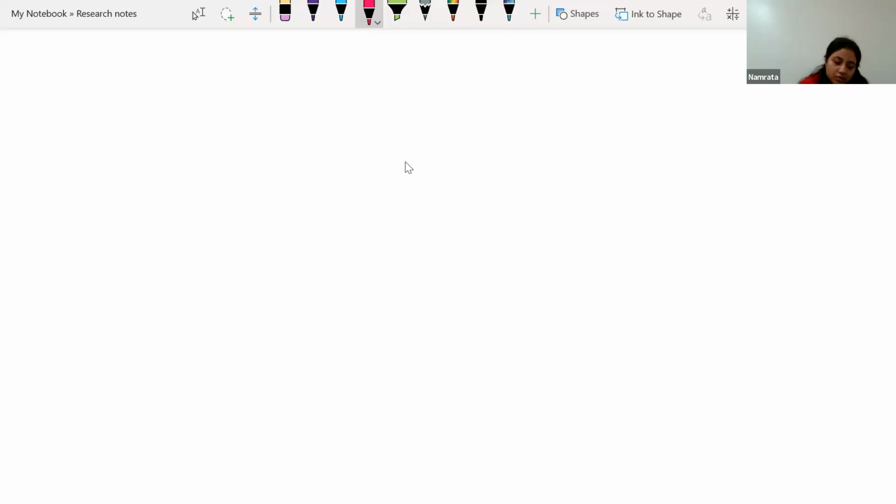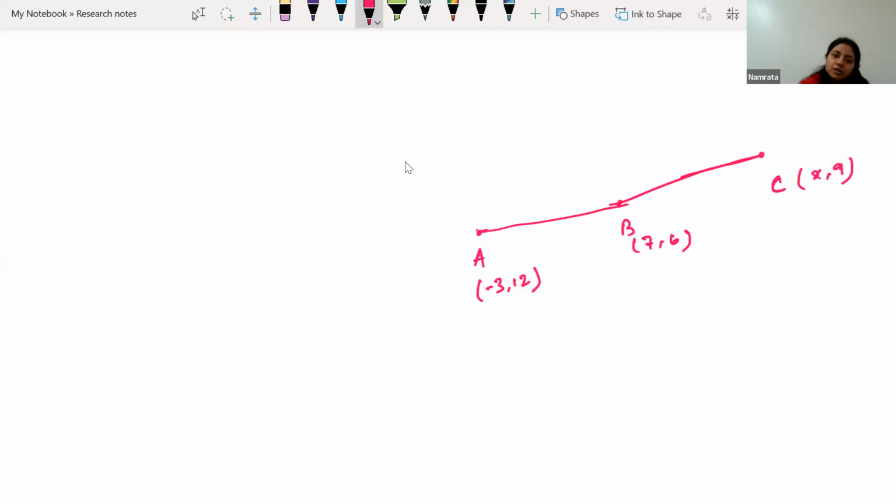Let me take your question. If 3 points are there, point A (-3, 12), point B (7, 6), and point C (x, 9), and these 3 points are lying on the same straight line, it's written over here, it's collinear.